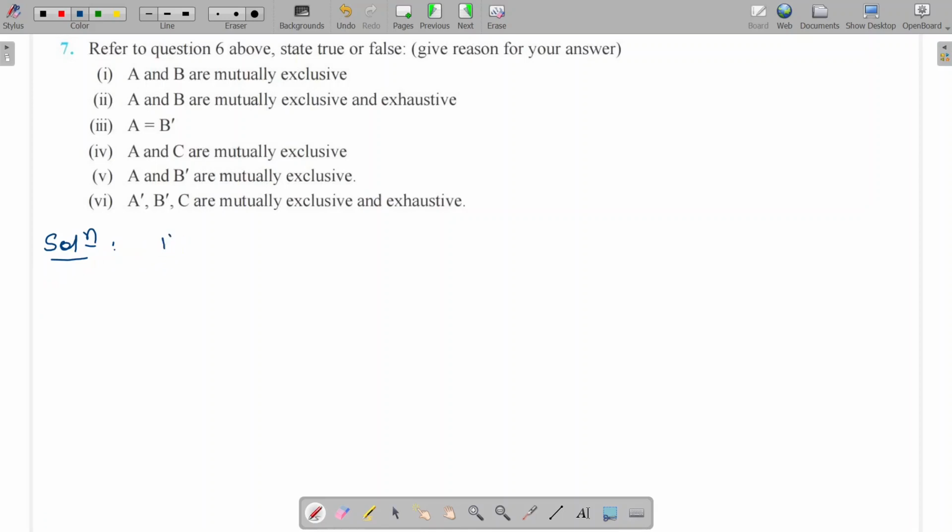So first one, A and B are mutually exclusive, they are asking us. If you look at A intersection B, that is the empty set, we had seen this. So therefore A and B are mutually exclusive.